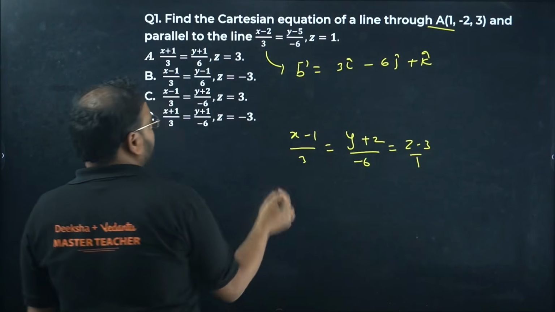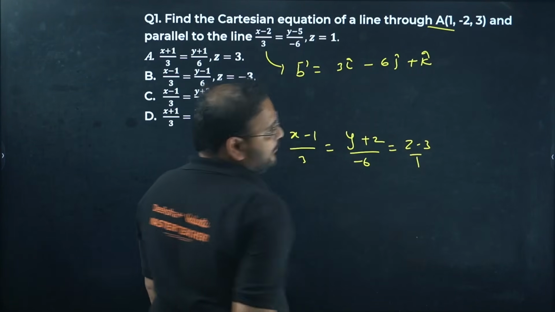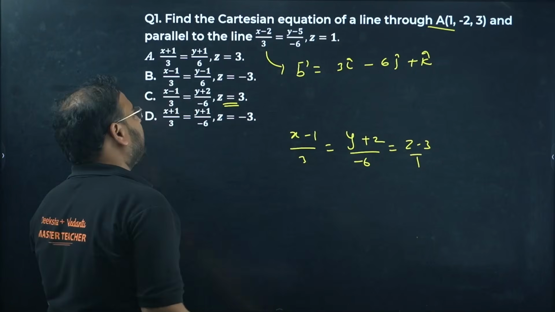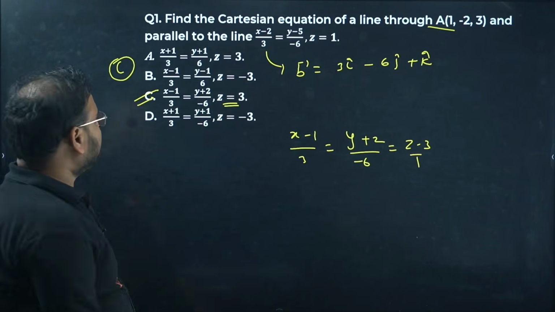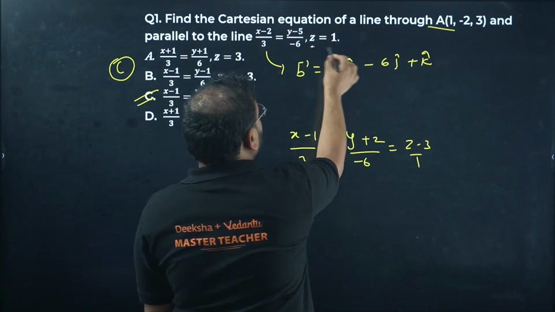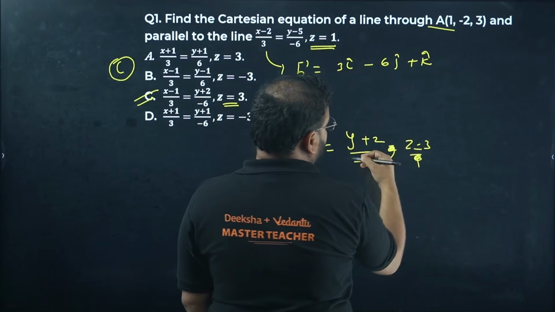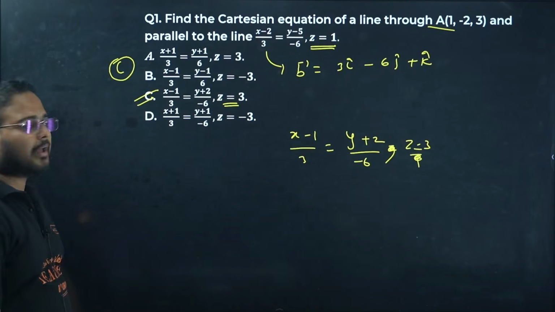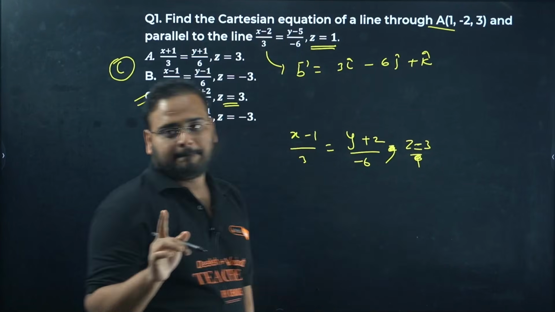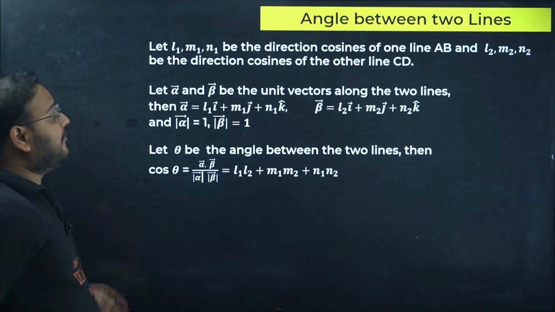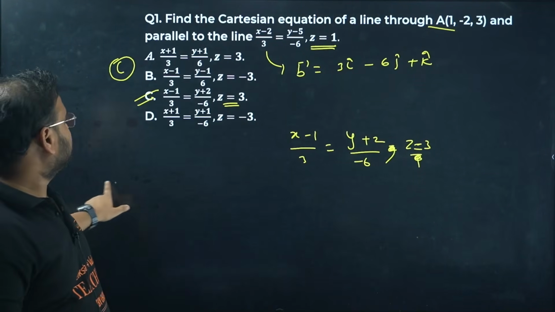You can check here, if you take this format, it will become z equal to 3 only, because if you take it equal to some parameter r, you'll get that result. So the answer is option C. Z equal to 3, because we have z minus 3 by 1 form over here, so we can write z equal to 3, but we need to put a comma sign there. Clear, guys? It will be z equal to 3, not minus 3. If it was z plus 3, then it would become z equal to minus 3. The difference is there. So not D.